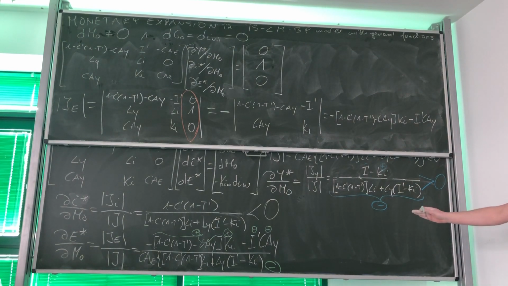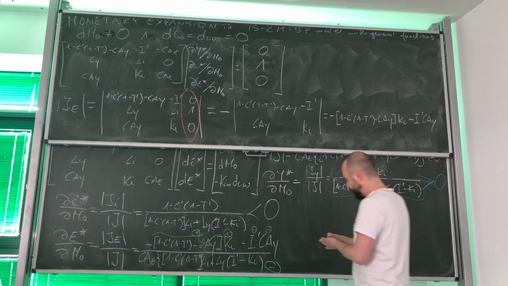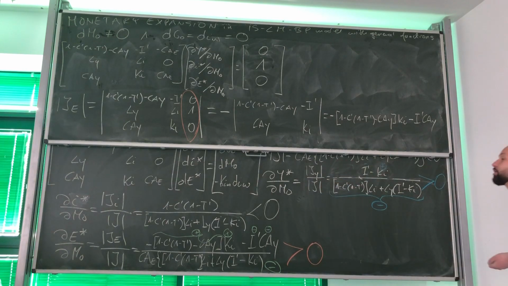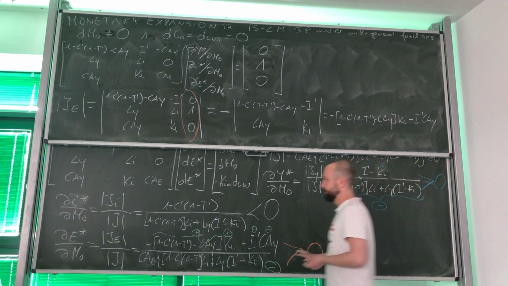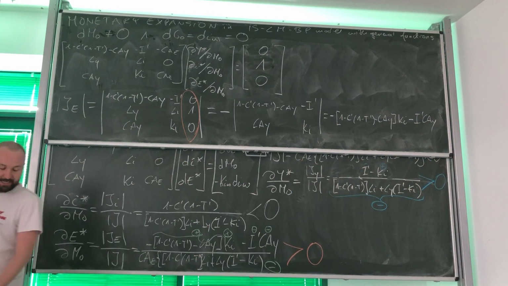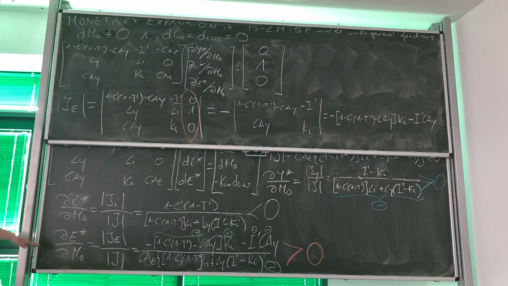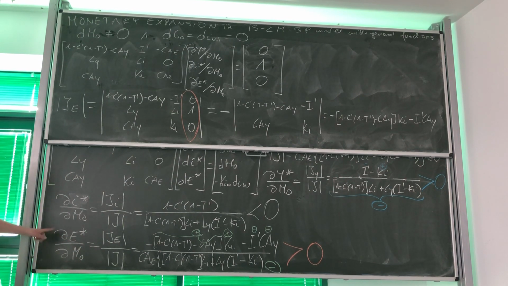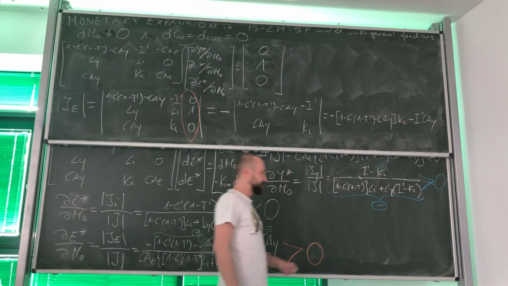So we have negative value in numerator and negative value in the denominator, which means that this is bigger than 0. And look, what does it tell us? We learn from this that higher money supply should be associated with exchange rate depreciation.